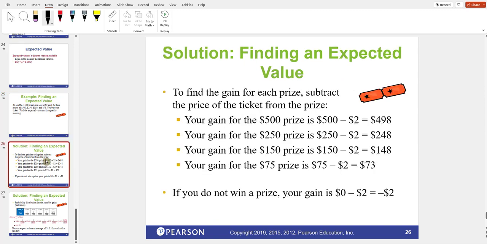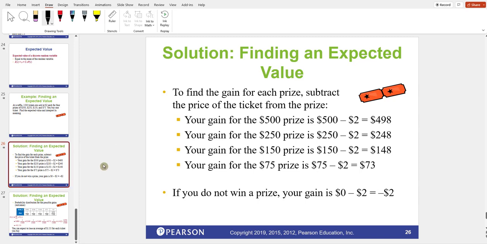So when you pay out money to buy a ticket and you win, you don't actually win that amount. You have to consider the amount that you use to purchase the ticket. So if you purchased the ticket and you won $500, you got to consider that $2 you put in. So your gain is actually $498.